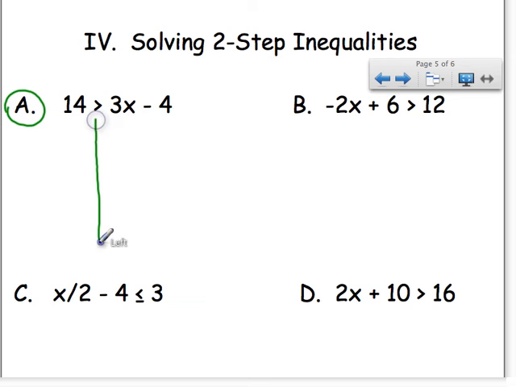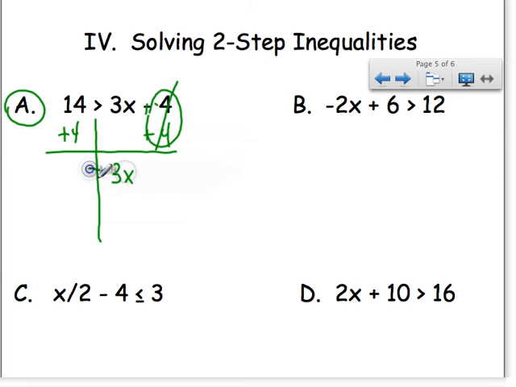I'm going to draw the line down where the inequality sign is. I'm going to first kill subtraction, and then I'm going to solve it just like I would have solved an equation. First, kill the constant, or cancel the constant, by adding the opposite. That means 3x is less than 14, 18.